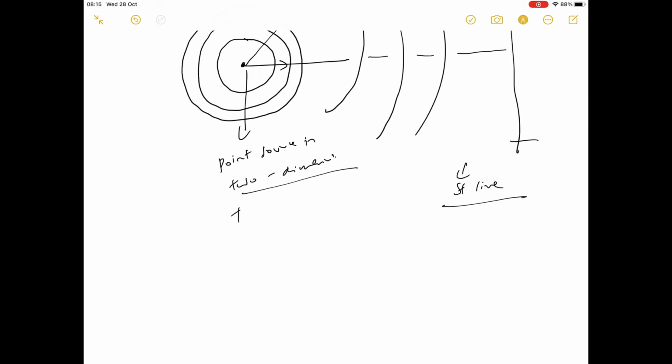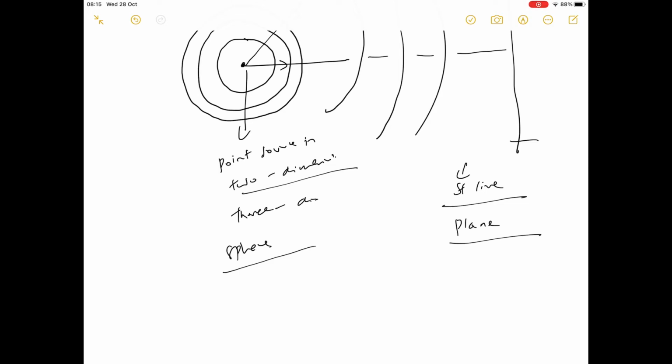And if you have a point source in a three-dimensional medium, then the shape of the wavefront is going to be a sphere, and at very great distance from the source of the disturbance, the wavefront is going to be plane. So these are the two shapes of the wavefront.